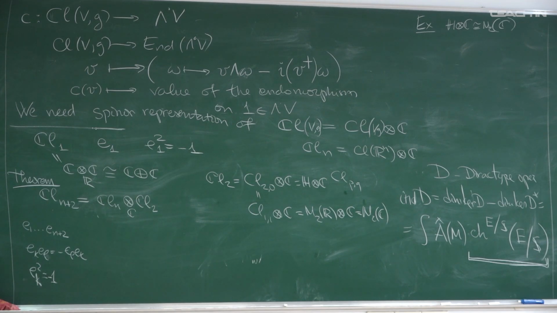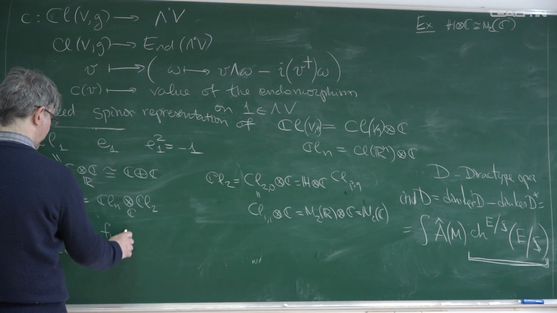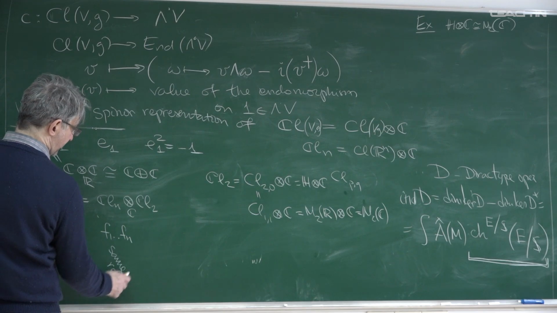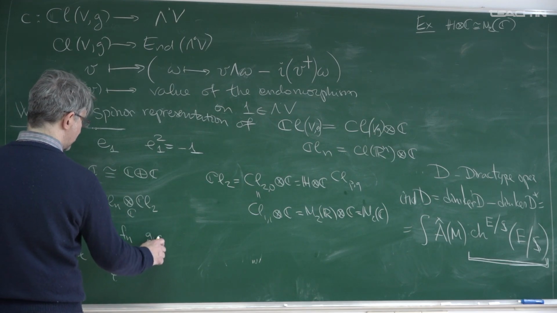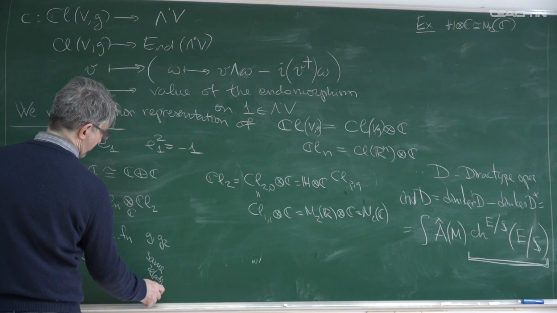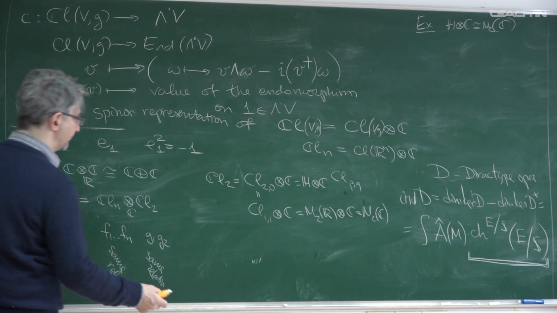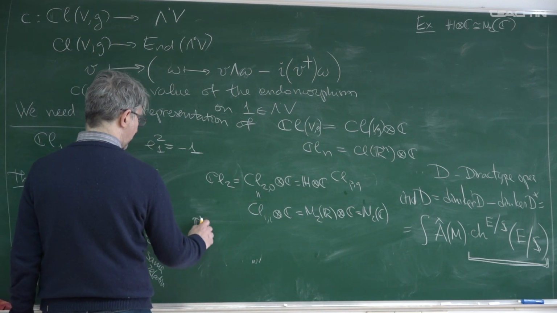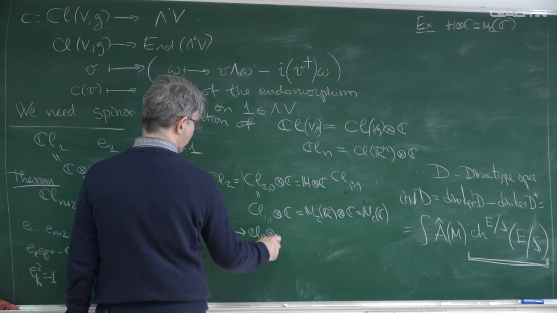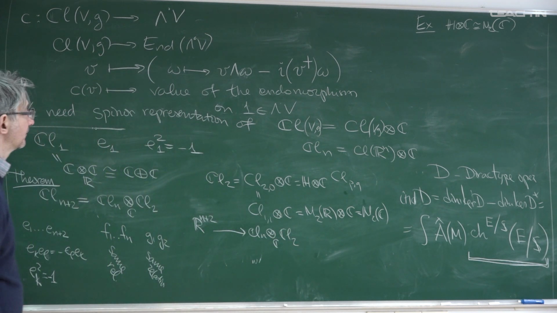So, what is written here? We have here generators f_1, ..., f_n, with the same relations. And here we have generators g_1, g_2, same relations. I want to map R^(n+2) to Clifford n tensor Clifford 2, and I will do it by very specific formulas.